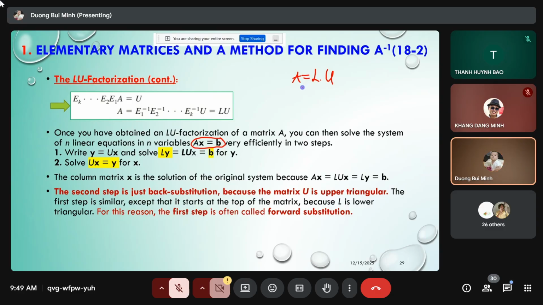So we have AX equal B, and A now becomes L times U times X equal B, right? Because A is L times U.